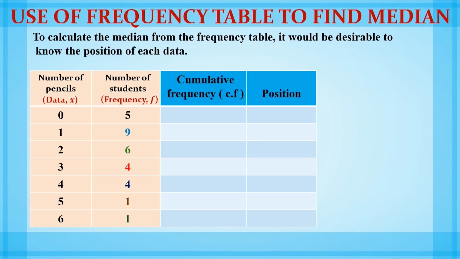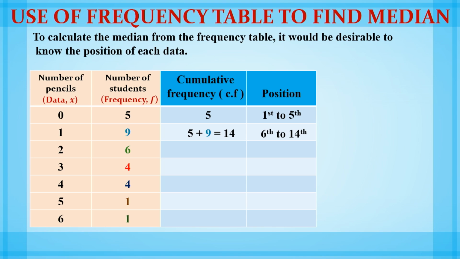The first value in the column representing cumulative frequency is 5, implying from the first to the 5th positions the data are zeros. The next value is 5 plus 9, which is equal to 14, indicating from the 6th to the 14th positions each data is 1.